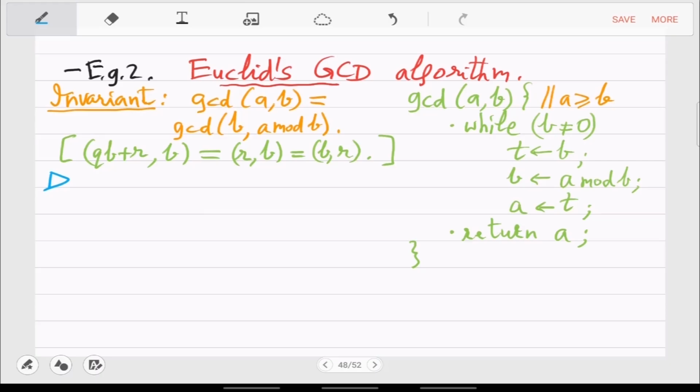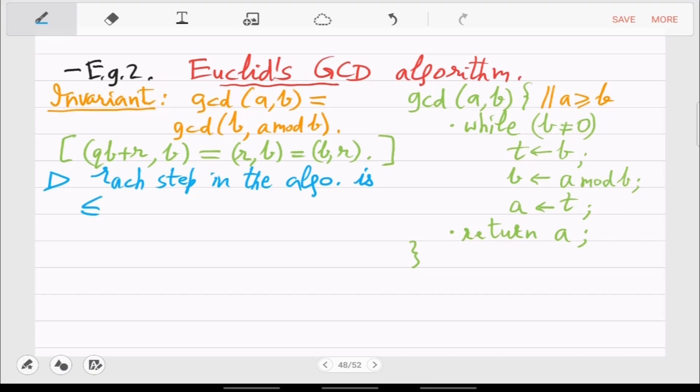So that's the invariant, and other properties, which are also very important. That property is that each step in the algorithm takes how much time? You just have to swap, but before swapping, you have to divide and compute the remainder. So that depends on how many bits A and B have, or how big A and B are.